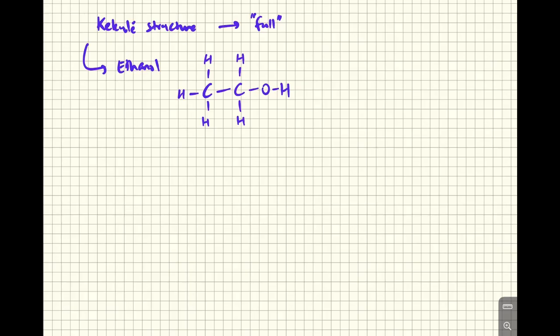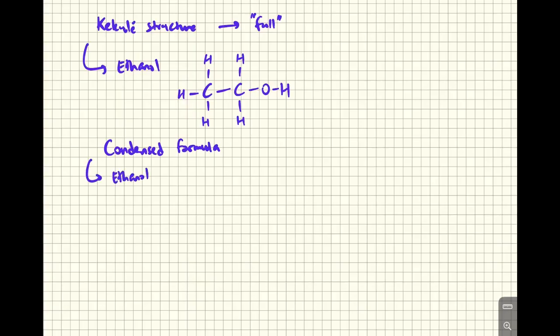It's good for learning, but not very practical when you're talking about very big molecules, which you will see down the road as you learn organic chemistry. Next up, you also have the condensed formula. Let's say we use ethanol again.